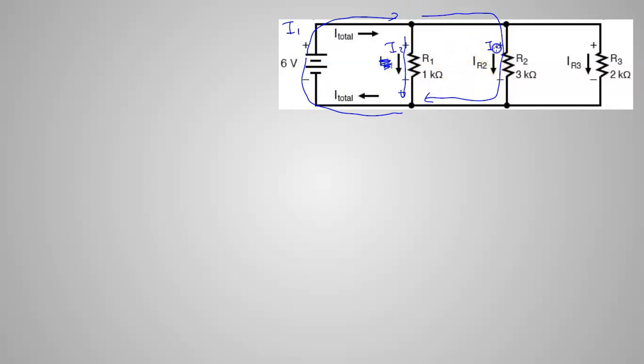So I'm going to call this I3, except some of the current that was here actually comes all the way over here and goes through that. So this one would be I3. This was I2. I didn't write it very well. Up here, this is actually I2 plus I3. Now, there's no resistors or batteries up there, so it doesn't really matter.